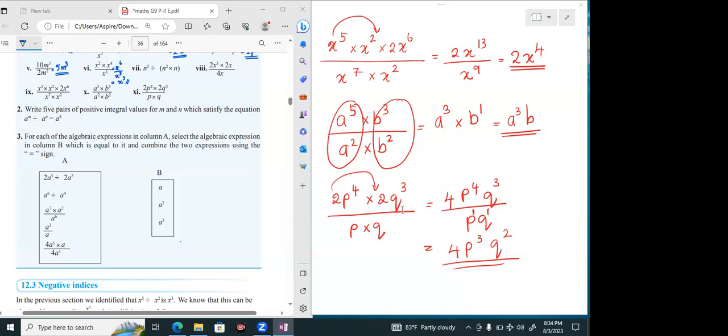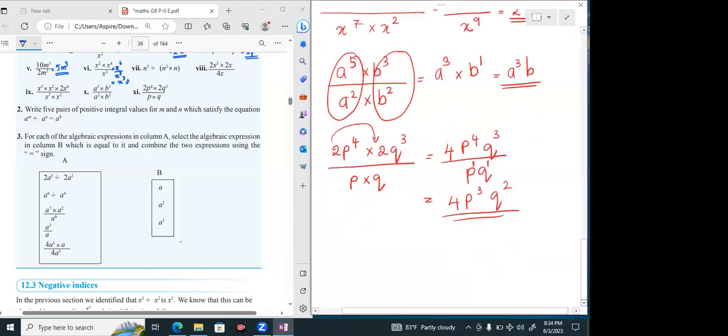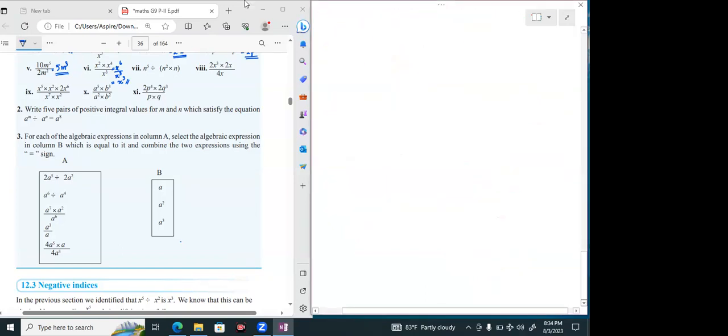Then what are the suitable values for m and n? a to the power of m divided by a to the power of n equals a to the power of 8. That means m subtract n should equal 8. Then m equals 9 and n equals 1. It is one kind of pair. What else?